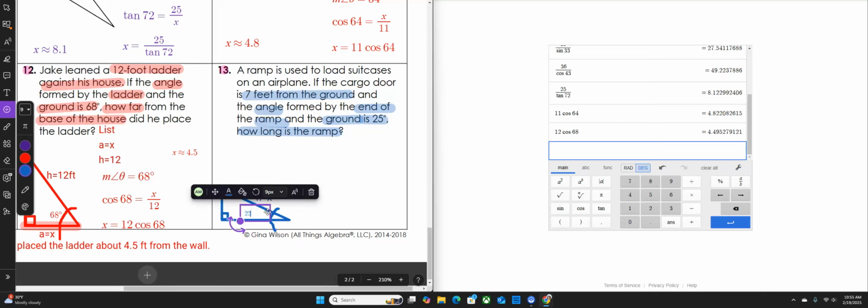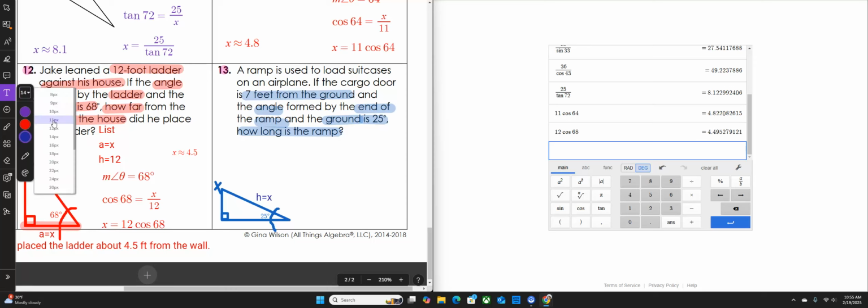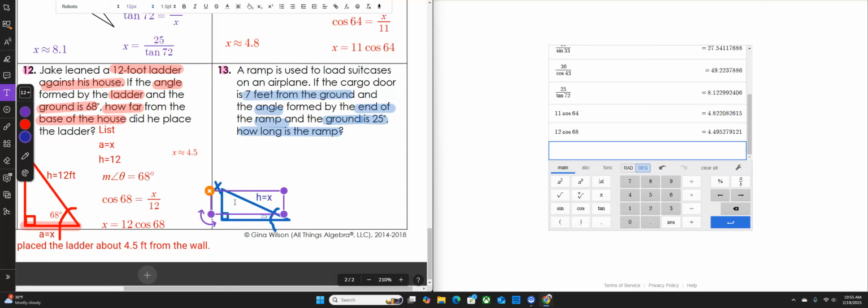And it's 25 degrees. And the cargo door is 7 feet from the ground, which means the cargo door is up here, right here. So that means this side is 7. And that's actually also the opposite side. I'll put this right here because of the space.